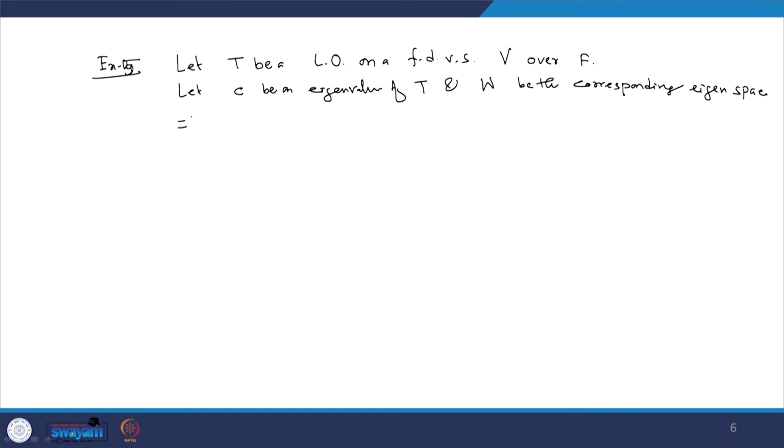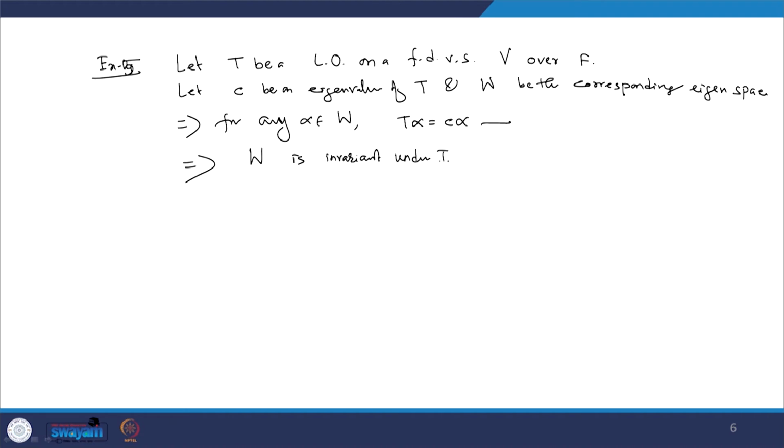So, this implies that for any alpha belonging to W, T of alpha equal to C alpha. So, this implies W is invariant under T. So, the eigenspace of a linear operator is always an invariant subspace of that operator.